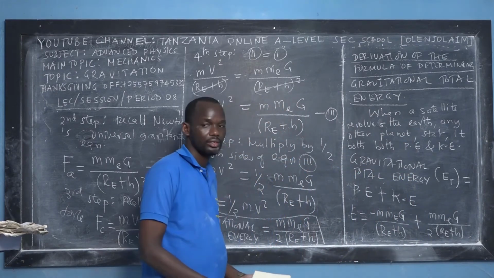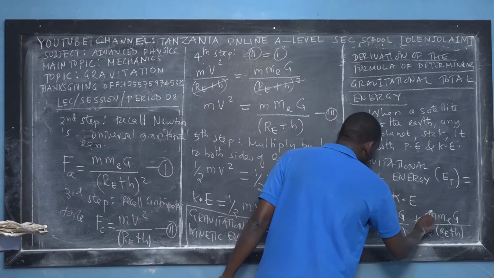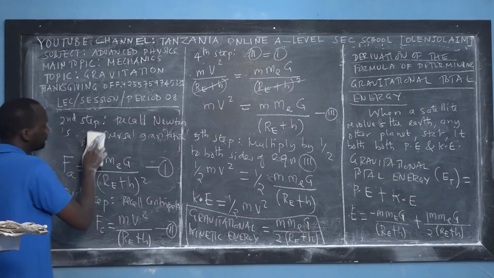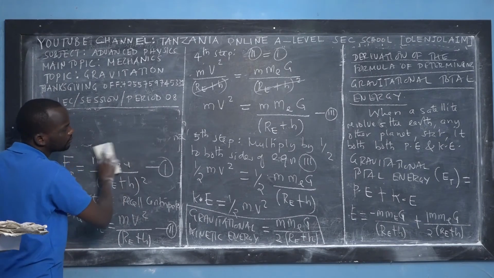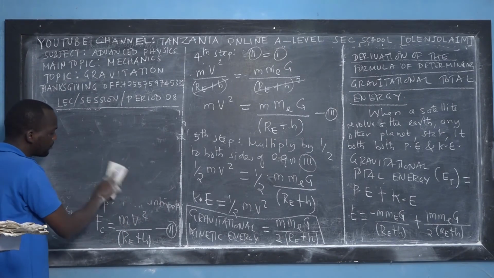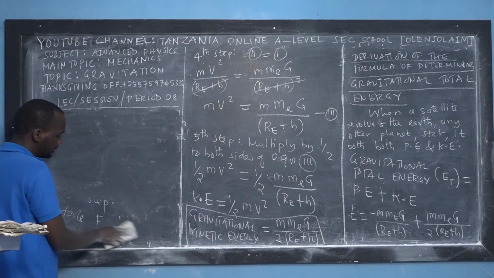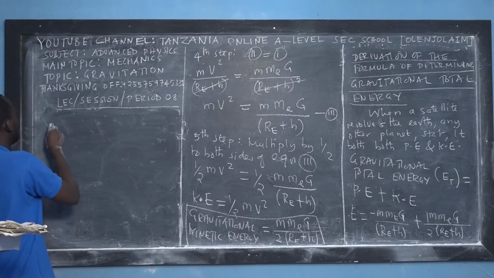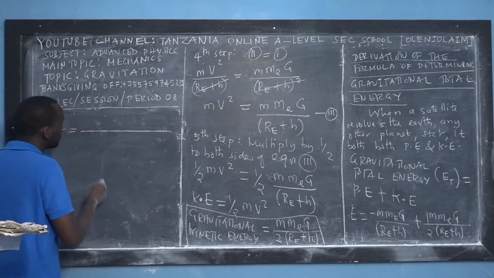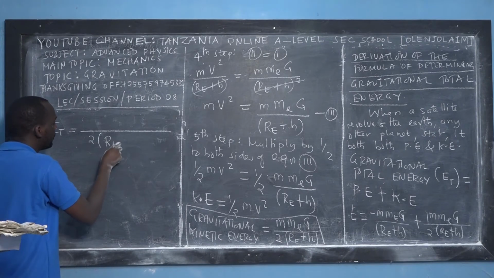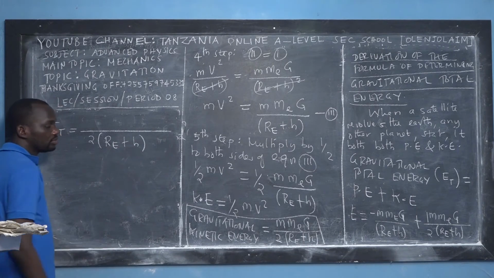What do you get? You have -1 plus a half, so the answer will be -1/2. If you find the total energy using the LCM, it will be twice the radius of the Earth plus the height h.